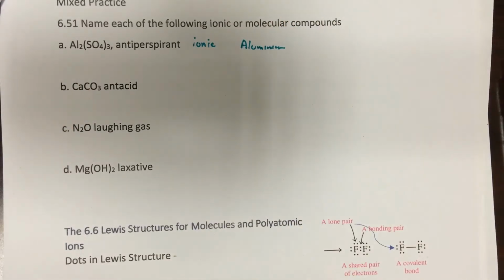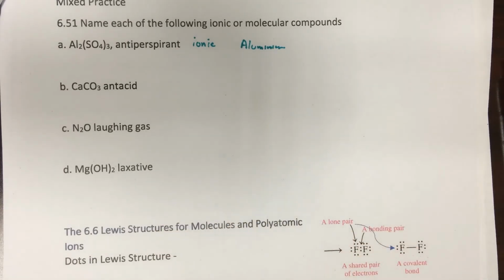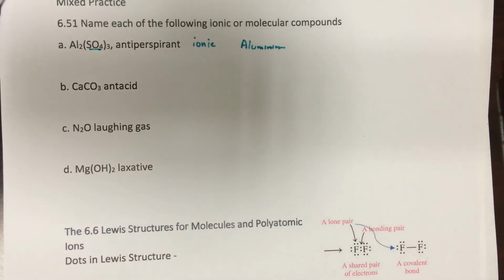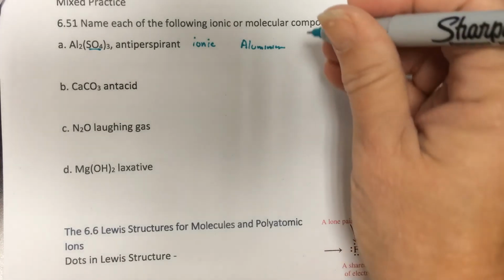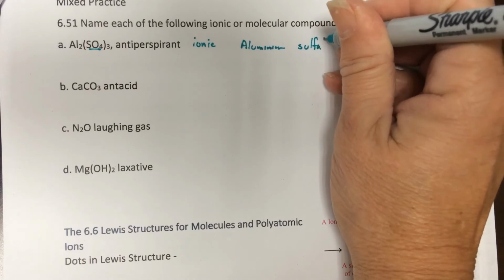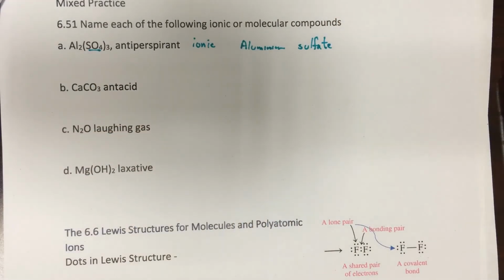We need to look to see whether it's a transition metal, whether it has 1 or more forms. It does not. It's always got a +3 charge, so we don't have to worry about that. This SO4 is a polyatomic ion. And if we look it up, it's sulfate. A sulfur with 4 oxygens is a sulfate.